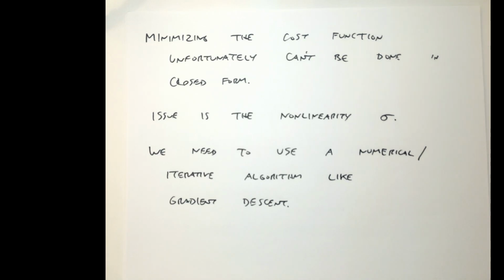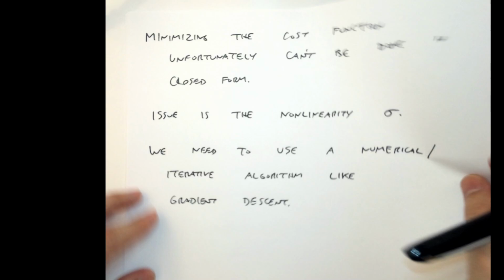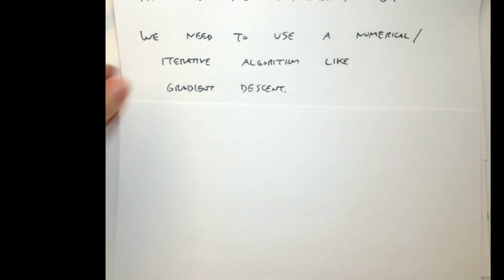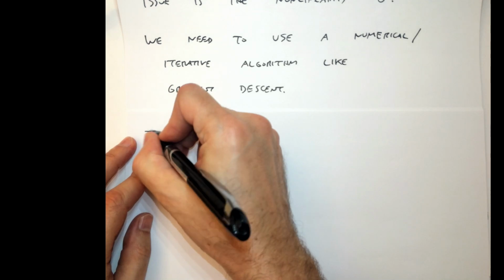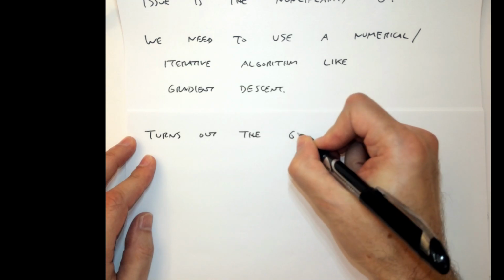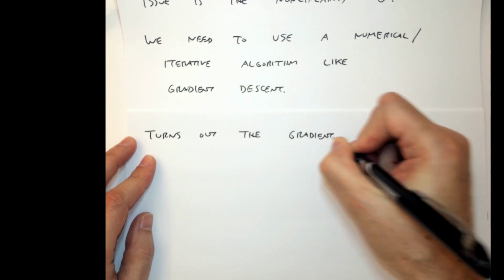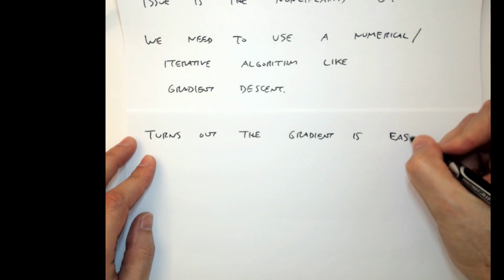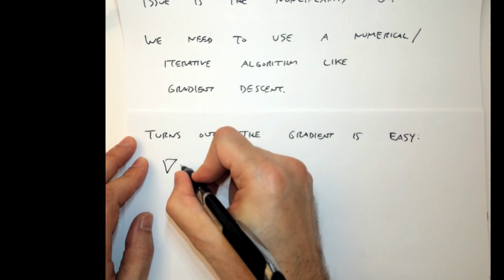And it turns out that it's not that hard to compute the gradient, right? So let me just say that it turns out the gradient is pretty easy. I can actually write it down.